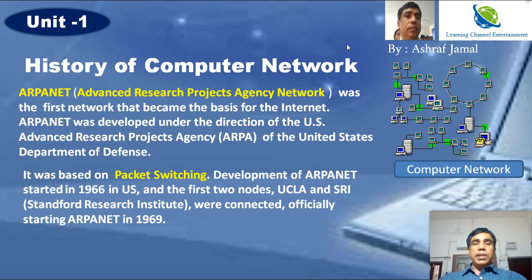Packet switching was a technology in which the message was broken into smaller parts and was sent through the network. Development of ARPANET started in 1966 in US, and the first two nodes UCLA and SRI were connected, officially starting ARPANET in 1969. So this was a very short history.